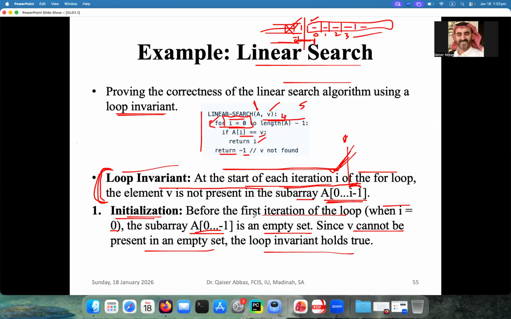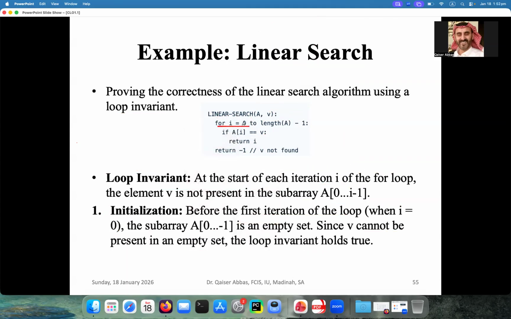Or you can say for the initialization step, for the first iteration of this loop, which is i equal to 0, I have to show that when i is equal to 0, V is not in the subarray. This is what I have to show in the initialization.